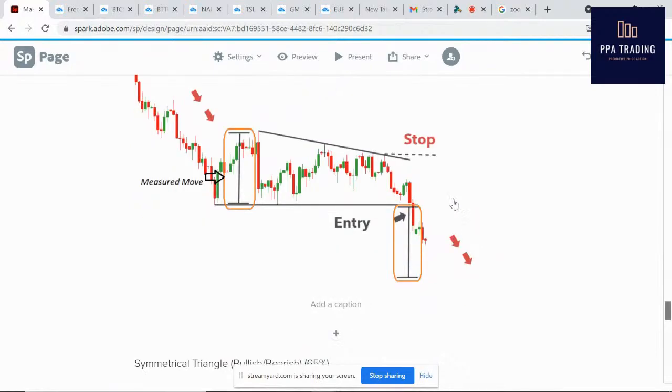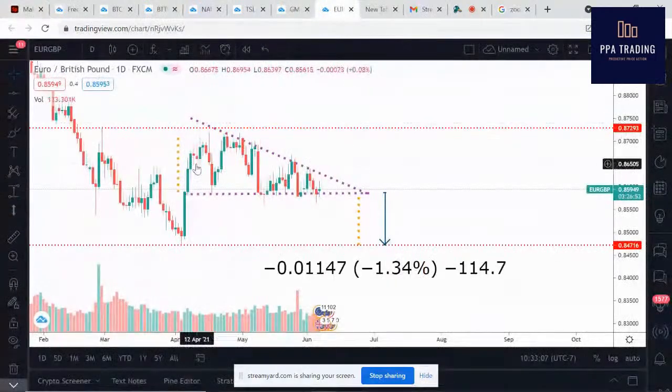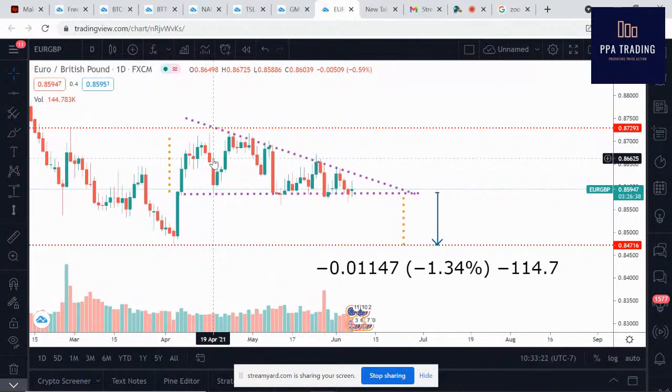So right here, I want to show you guys the Euro GBP, and this is Forex. So I just want to show you guys that it's the same in Forex as crypto, as stocks. These are traded by humans and algorithms, so we're going to see quite a bit of the same thing. Now with Forex, you're not going to make the huge gains you do in crypto, but you can still make some money. So right here we see the same pattern play out.